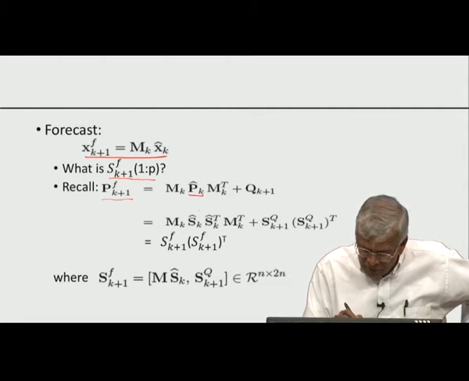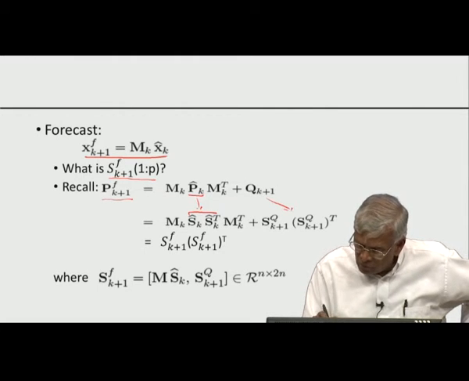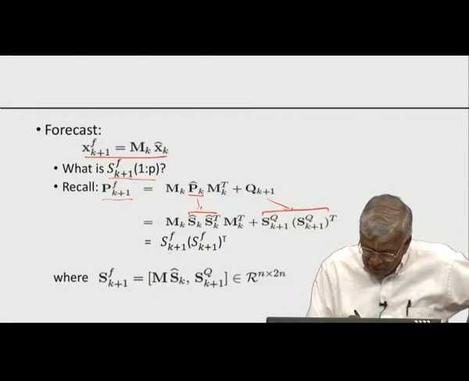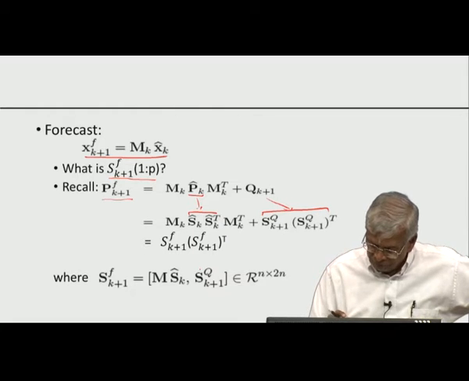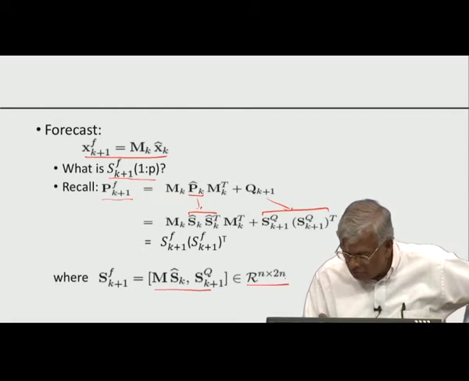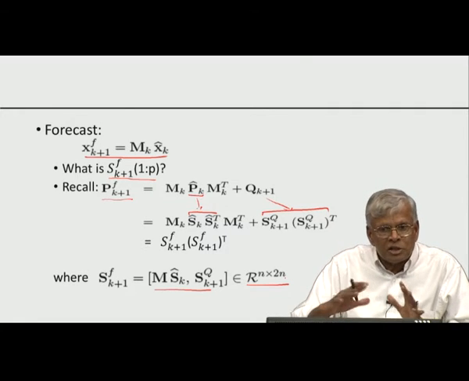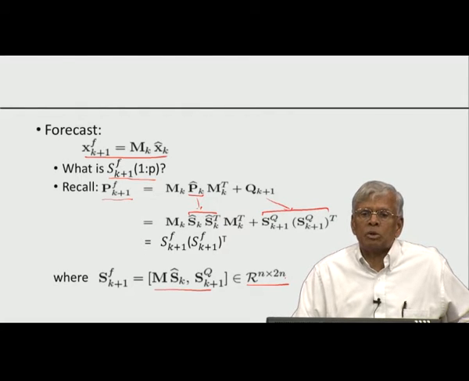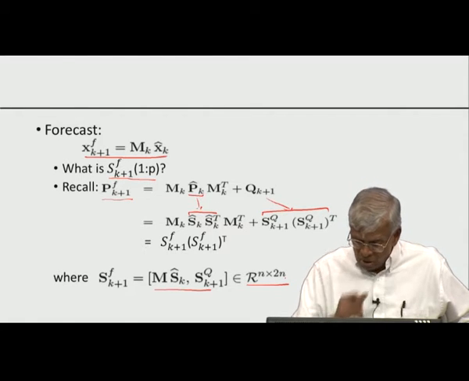This P k has a square root implementation like this, and this has a square root implementation like this. This I can rewrite as S k plus 1 f and S k plus 1 f transpose, where S k plus 1 f is given by this, and that is n by 2n. We talked about already the expansion part in the last lecture when we talked about covariance square root implementation.